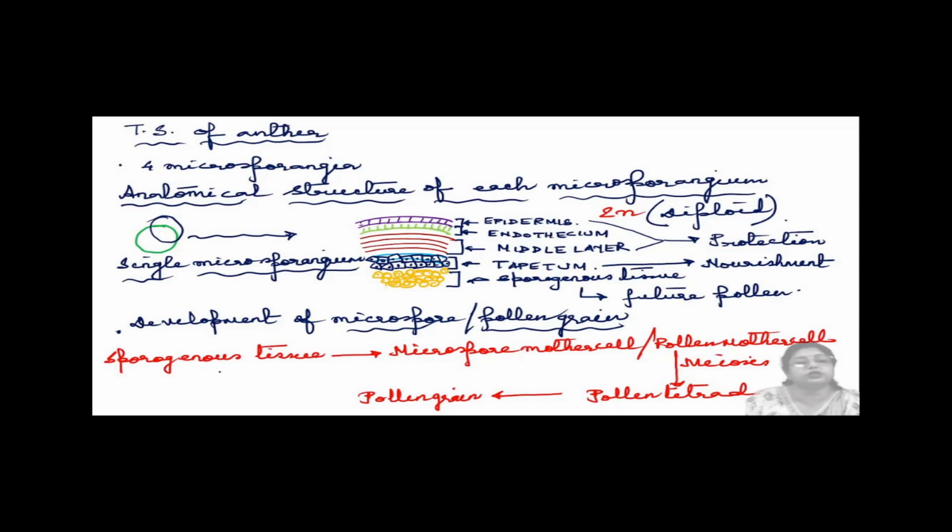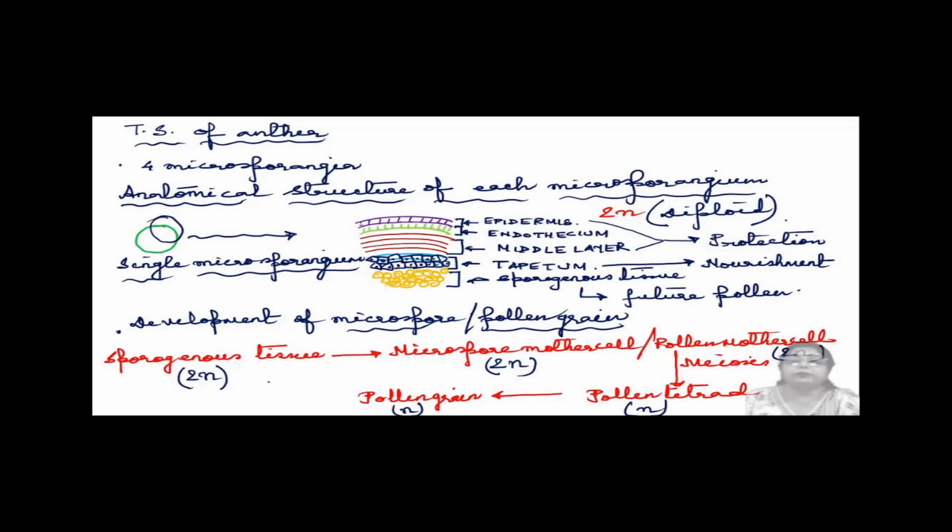Now, the question comes in different competitive exams also. What is the ploidy of sporogenous tissue? 2N. Microspore mother cell, 2N. Pollen mother cell, whatever you call it, both are the same. And meiosis is occurring, that means haploid, so the pollen tetrad will be N. And each of them will be N. Okay.